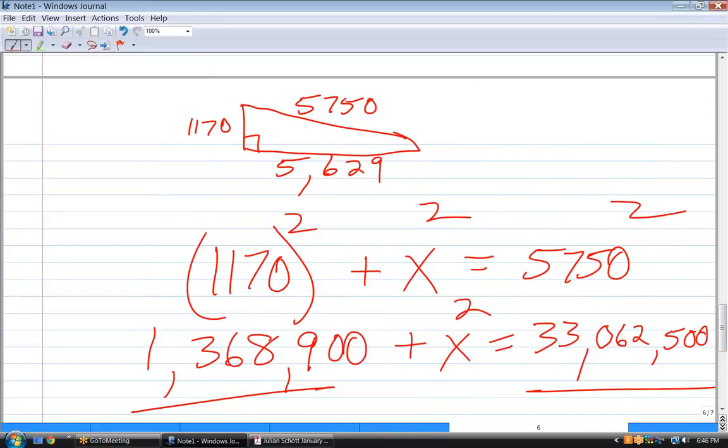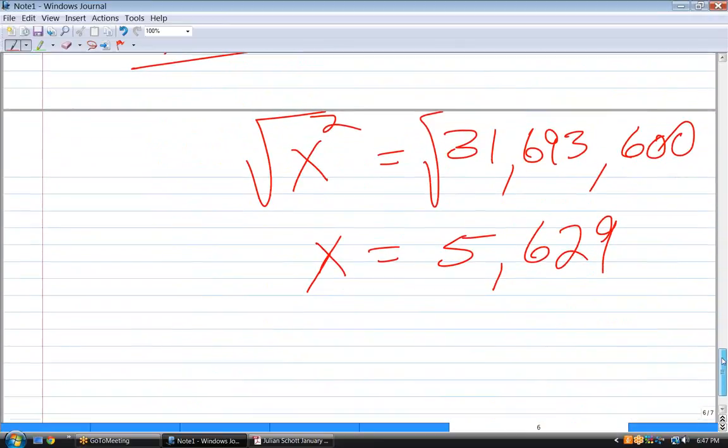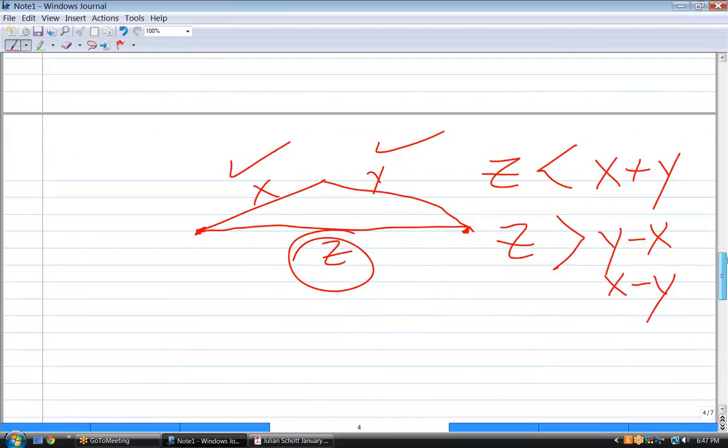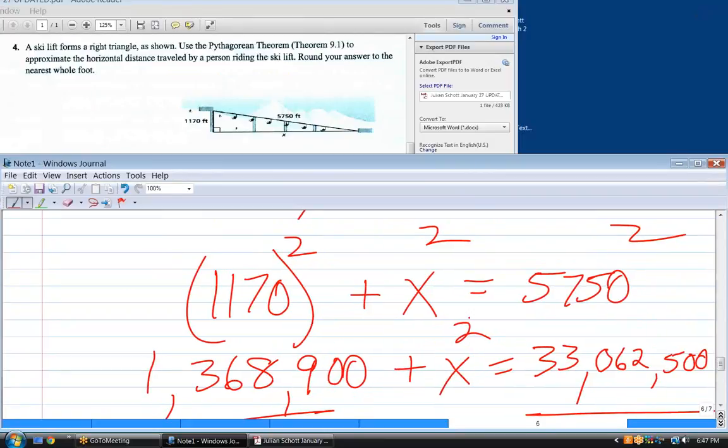If it was 5,751, I would know it was wrong, because the hypotenuse has to be the longest side. So, assuming we didn't make any calculator errors, that's the correct answer.